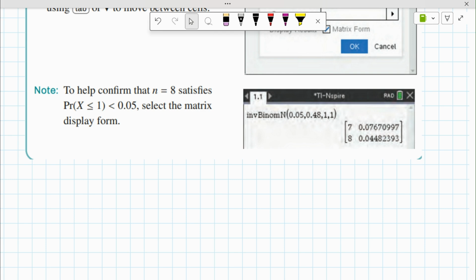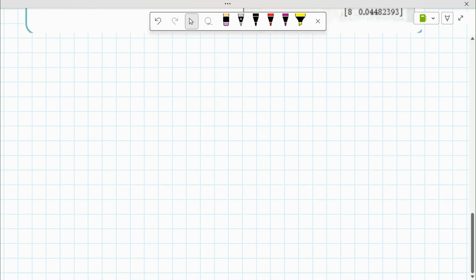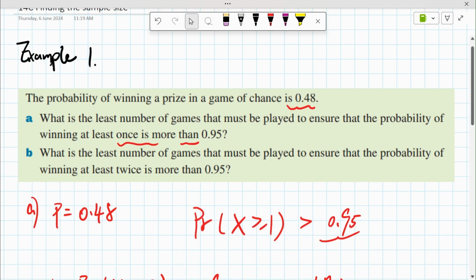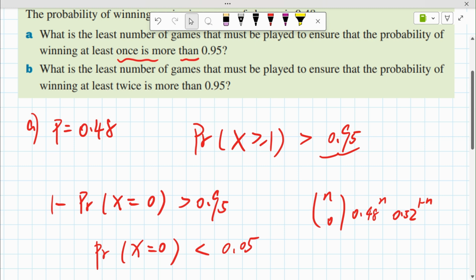So now we're gonna try to figure out question B. What's the least number of games to play to ensure the probability of winning at least twice is more than 0.95? This question requires the smallest value.